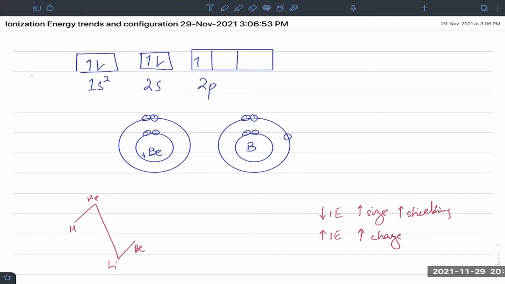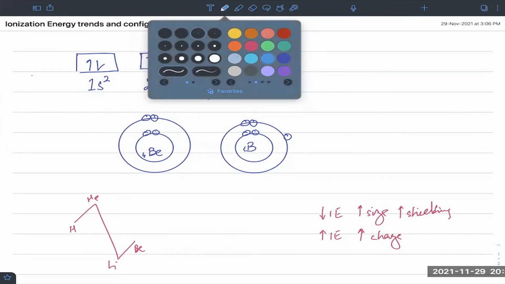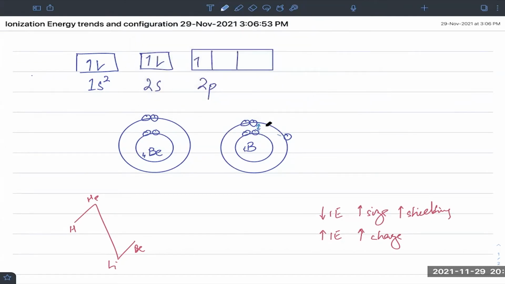Smaller, yeah. Again, same factor. The size is smaller because there are 5 protons pulling on it. But there's also more repulsion. And this repulsion is not shielding only. It's also because of these electrons pushing each other away, one orbital pushing the other orbital.